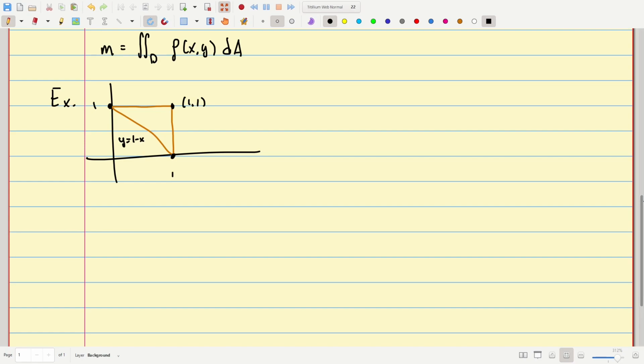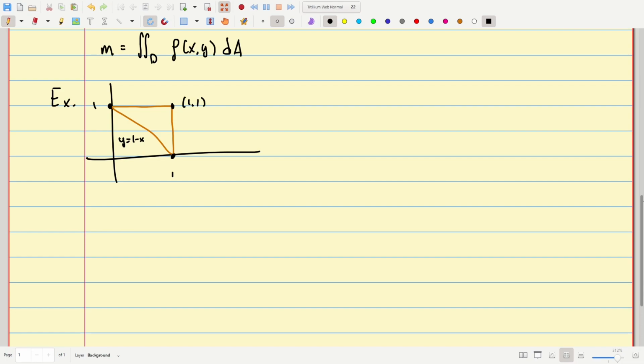This is the line y equals 1 minus x. So we have this region here. Now, there are two types of applications that can both be thought of as this sort of integrating density to find mass type expression.